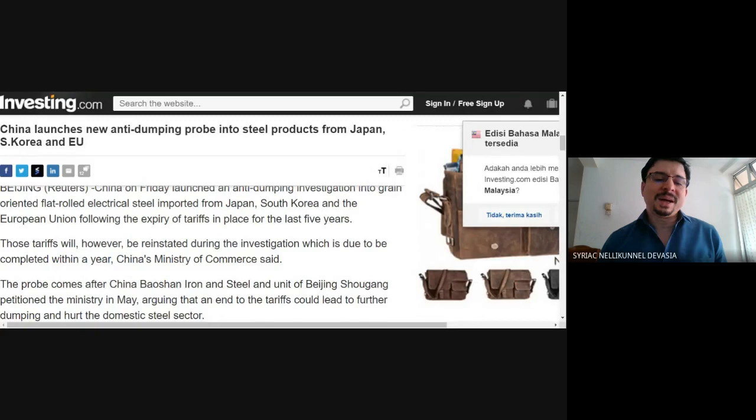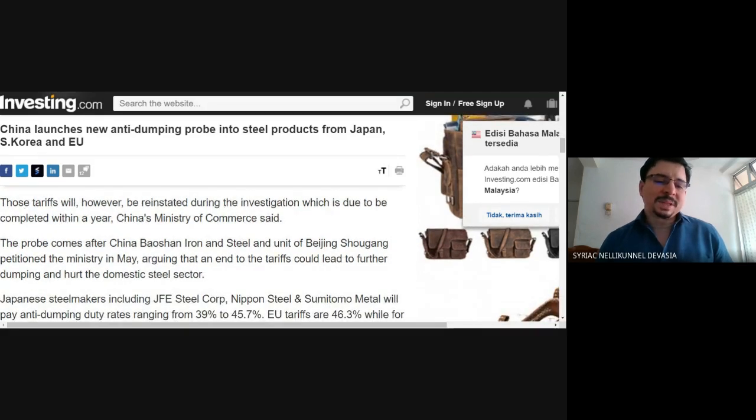Those tariffs will, however, be reinstated during the investigation, which is due to be completed this year. The probe comes after China Iron and Steel and a unit of Beijing petitioned the ministry in May, arguing that the end to the tariff could lead to further dumping and hurt the domestic steel sector.